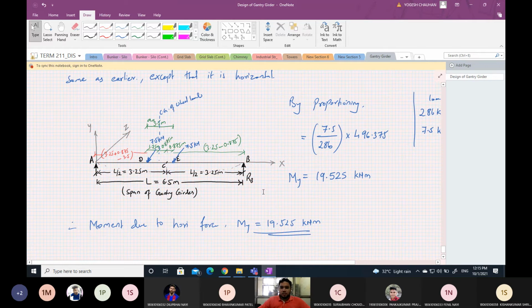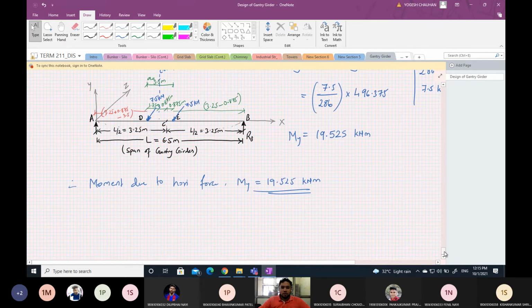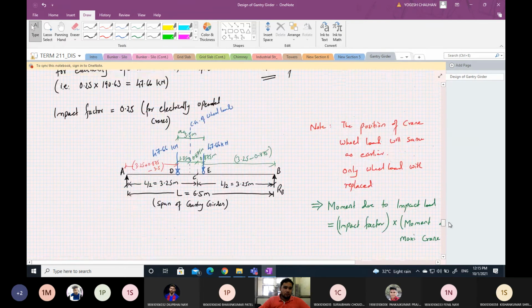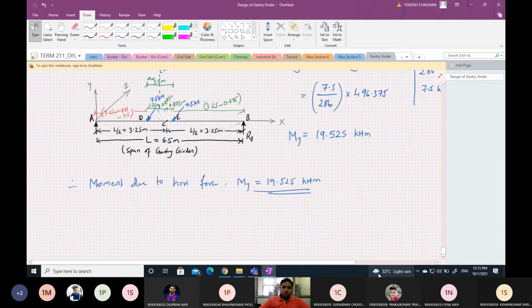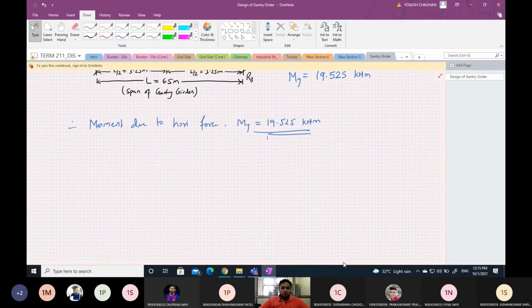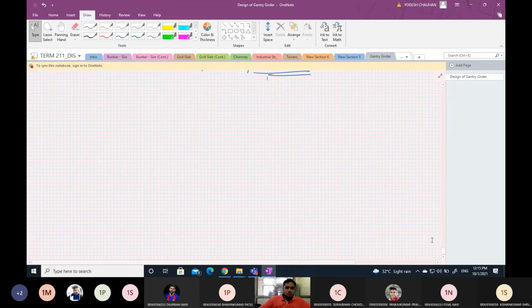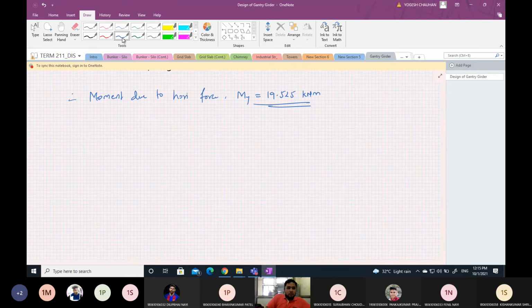Now next step is to find the shear force. So we have found moment in vertical plane, moment due to the vertical forces, and moment due to horizontal forces. Now the third thing is shear force.